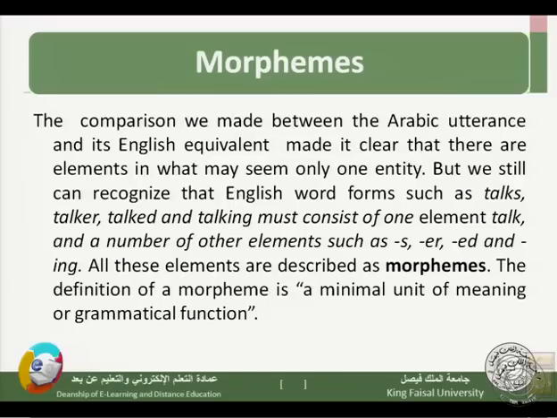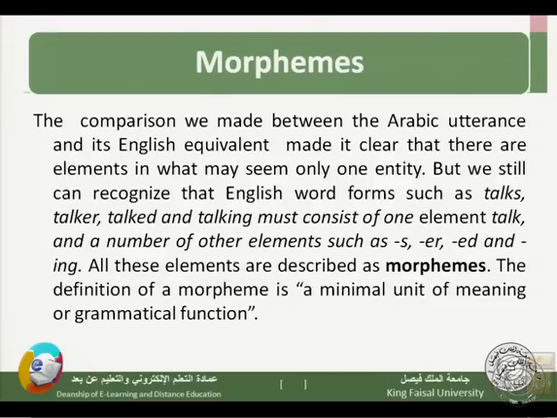So these are morphemes. The comparison we made between the Arabic utterance سأنقذك and the English equivalent "I will rescue you" made it clear that there are elements in what may seem only one entity, one block, but that block has many parts in it.